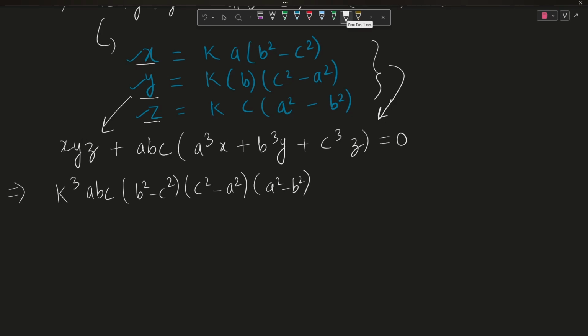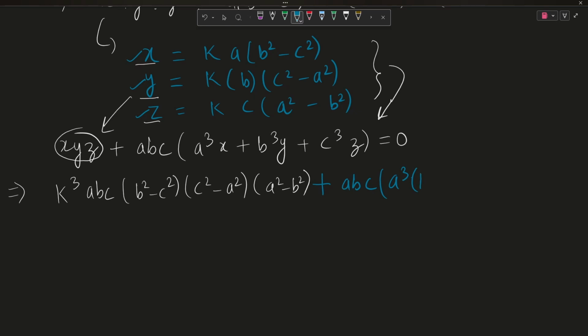Substituted the values in this part, plus abc into, or I can write it with different ink so that it doesn't appear confusing, plus abc into a cube x plus, just substituting the values, a cube into x.